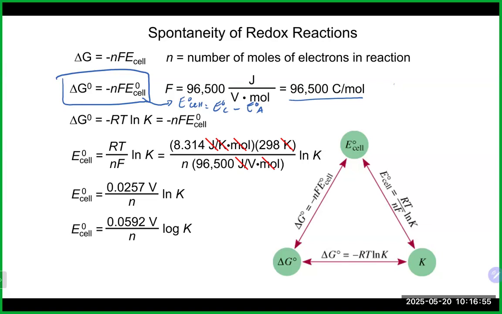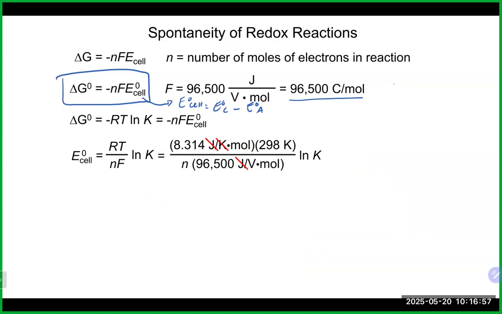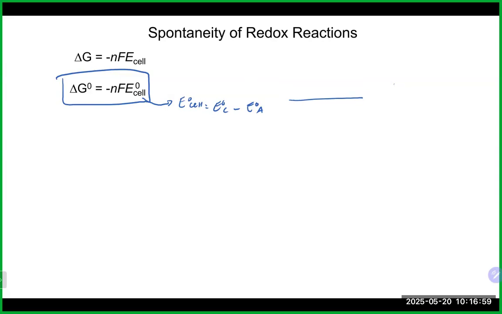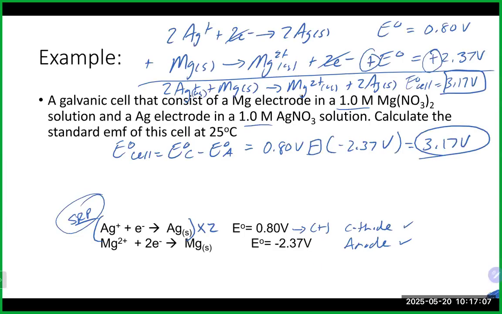So as an example, what we just looked at on that last one, I think it was. Maybe if I can find it. There it is. So when we look at these 2 half reactions here, N in this case would be 2. So you do not want to add these numbers together.